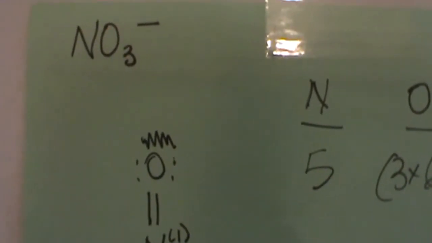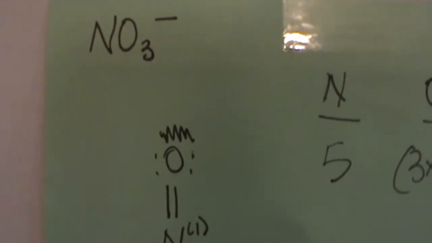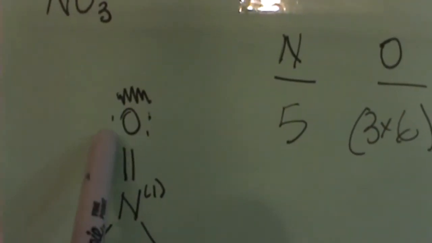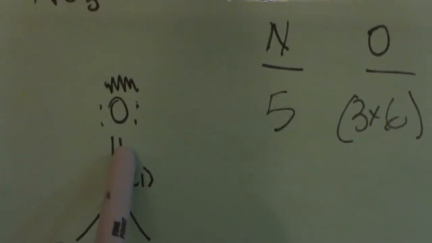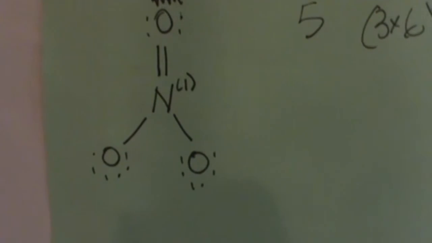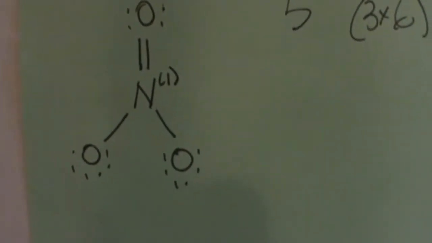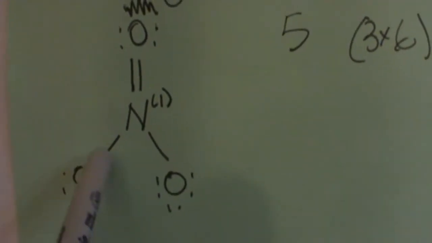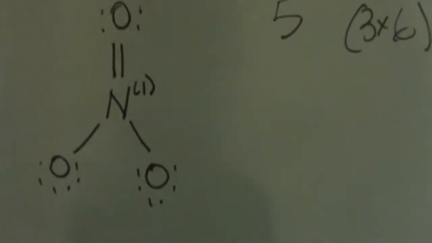The top oxygen, which gave up a pair to the double bond, has 1, 2, 3, 4, 5, 6. It started with 6, so it has a charge of 0. And then our bottom oxygens, again, oxygen started with 6. It has 6 electrons around and 1 bond, so a total of 7. So that has a charge of -1.